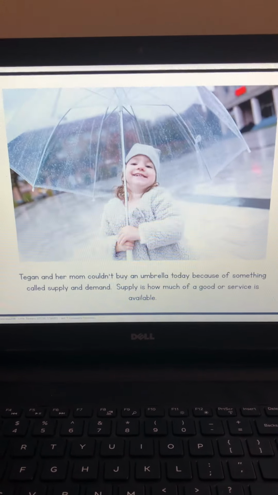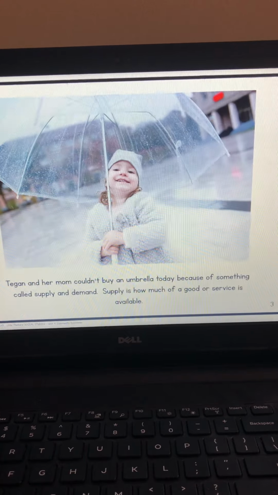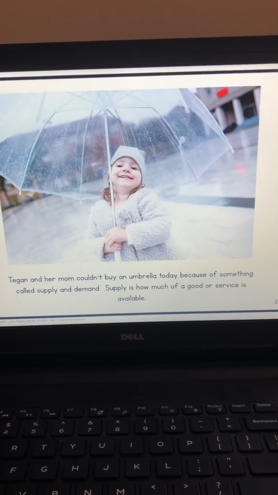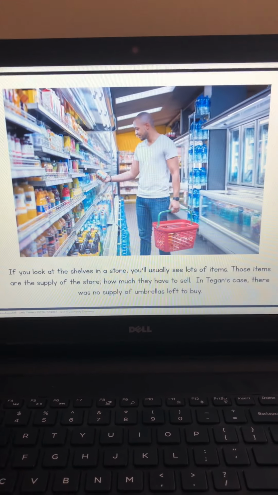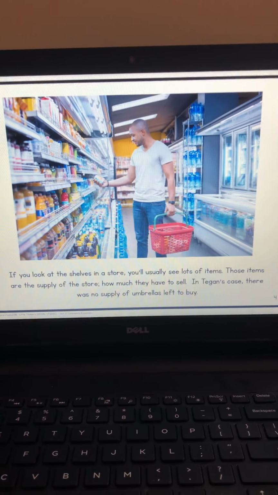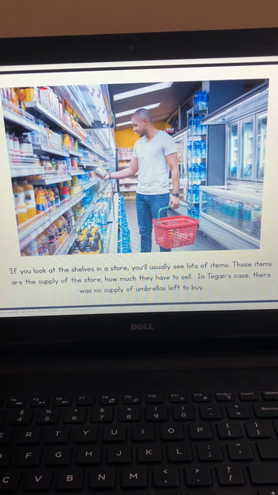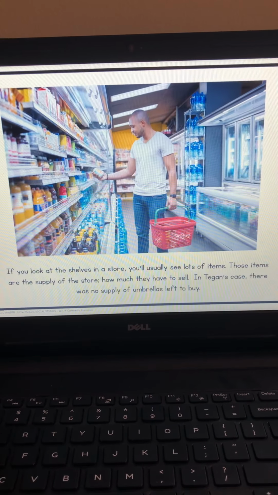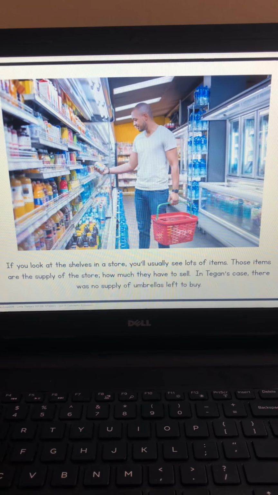So going back to the umbrella example, the supply of umbrellas was low. In fact, it was all the way gone. If you look on the shelves in the store, you'll usually see lots of items. Those items are the supply of the store, how much they have to sell.